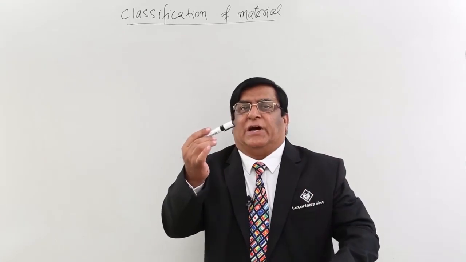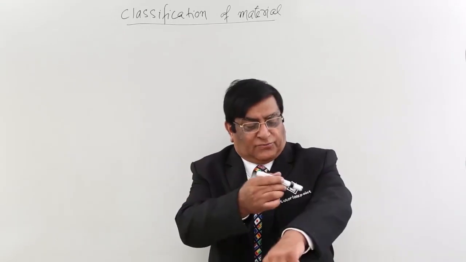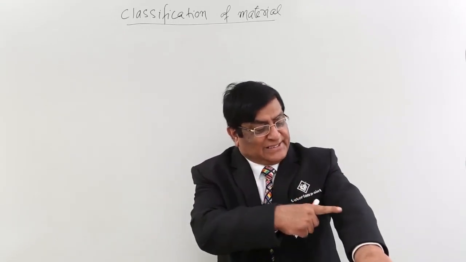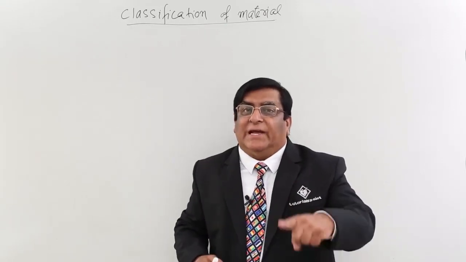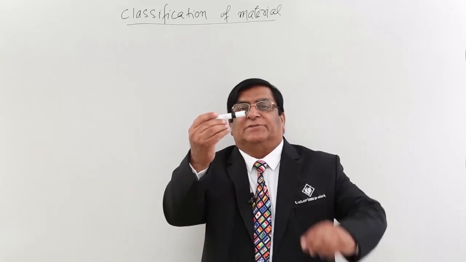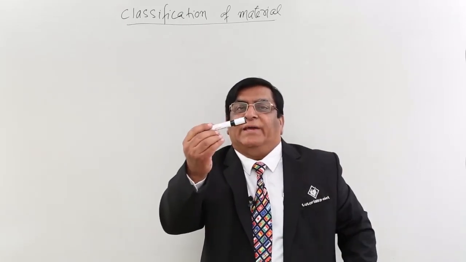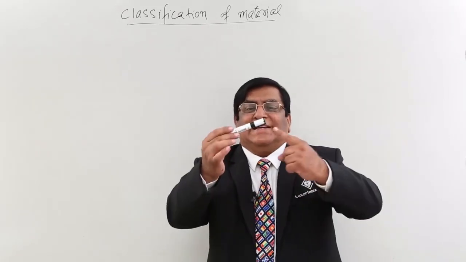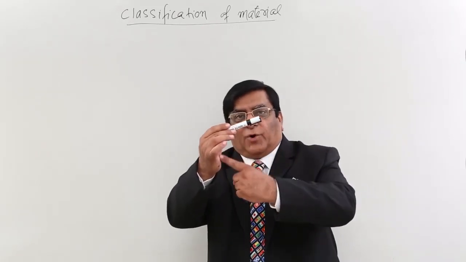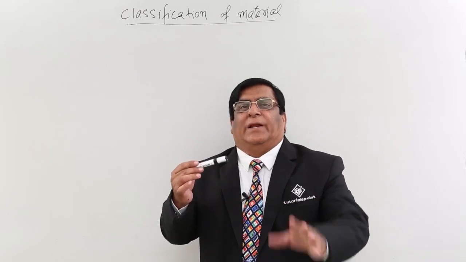But I am sure it is charged. Why I am sure? Because when I rub it and I check this is negatively charged. That means there was an equal positive charge on this. Then why it is not showing the charge? The answer is that charge has gone to my body and it has gone to earth.